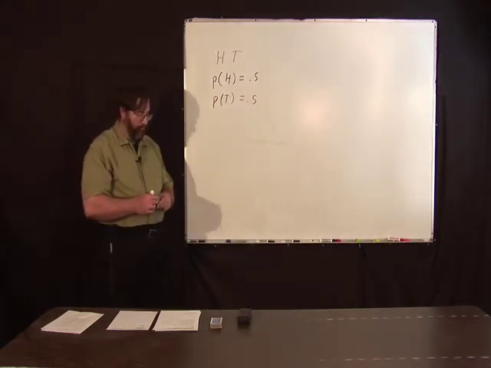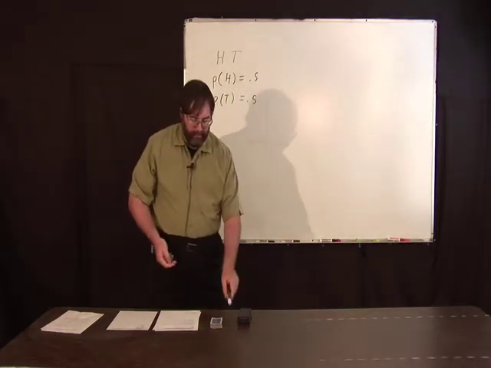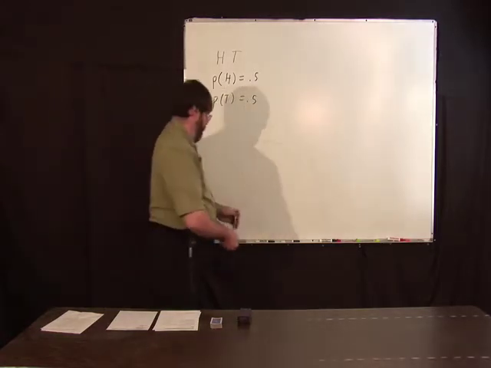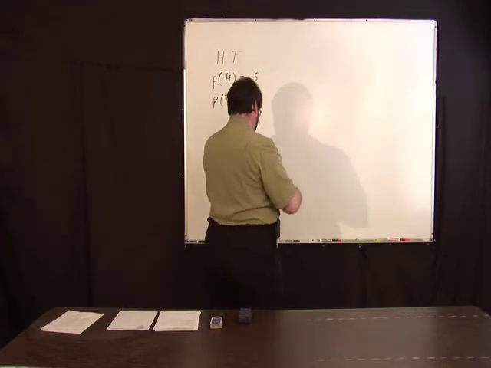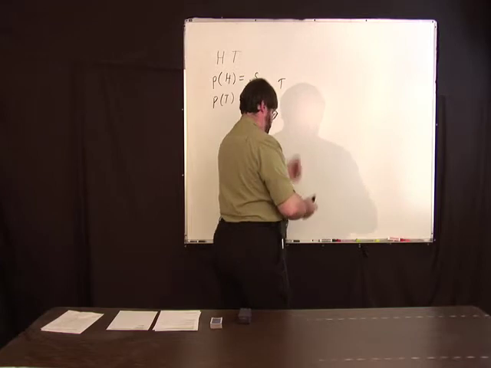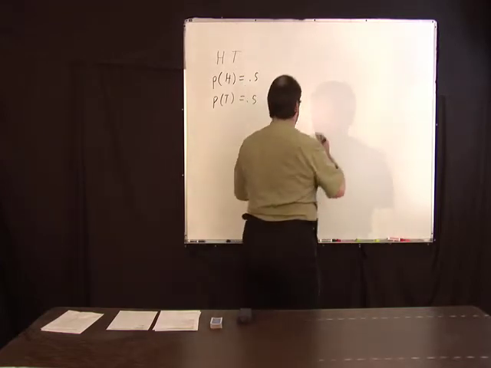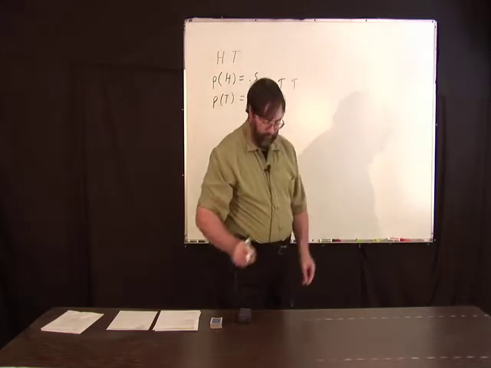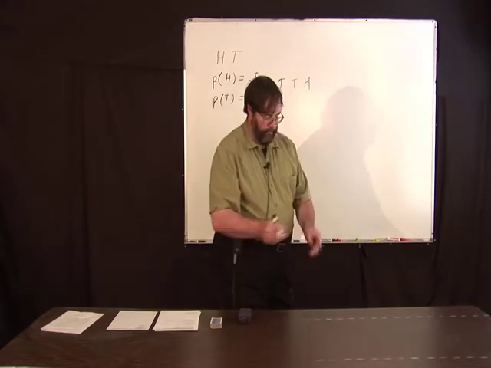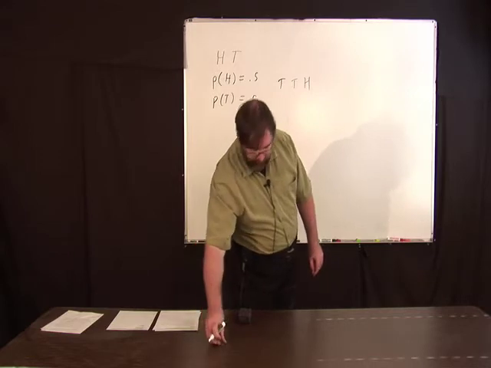So let me flip the coin, let's say 10 times, and I'll write down the outcomes. So we've got a tails. Now let's do it this way. Tails, heads, that wasn't a real good flip. There's another heads.